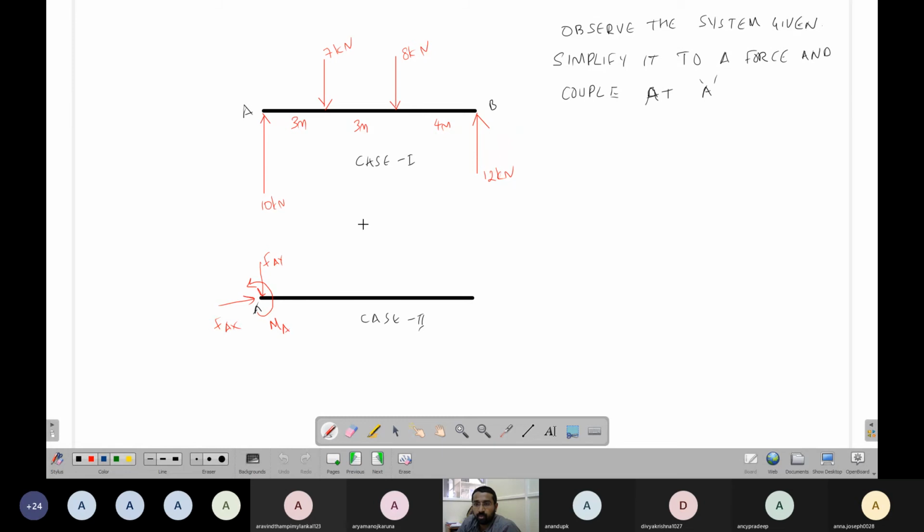Both represent one and the same system, with the same behavior. So basically, all these forces we are transferring to one point.